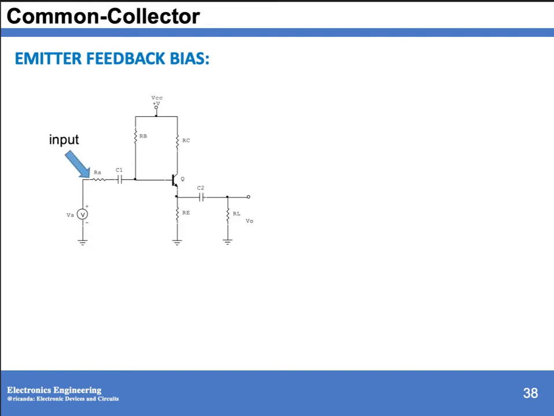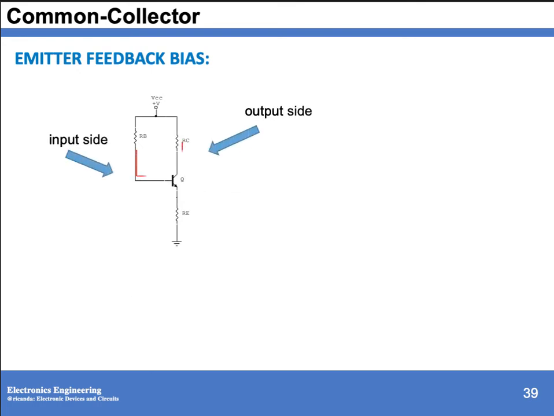So input is at the base, output is at the emitter. And during DC analysis, all of these capacitors are open. So we have the same circuit as your emitter bias.